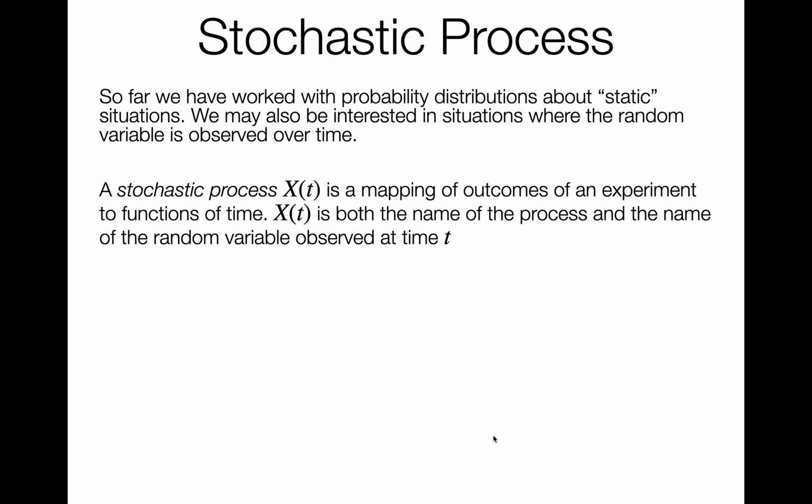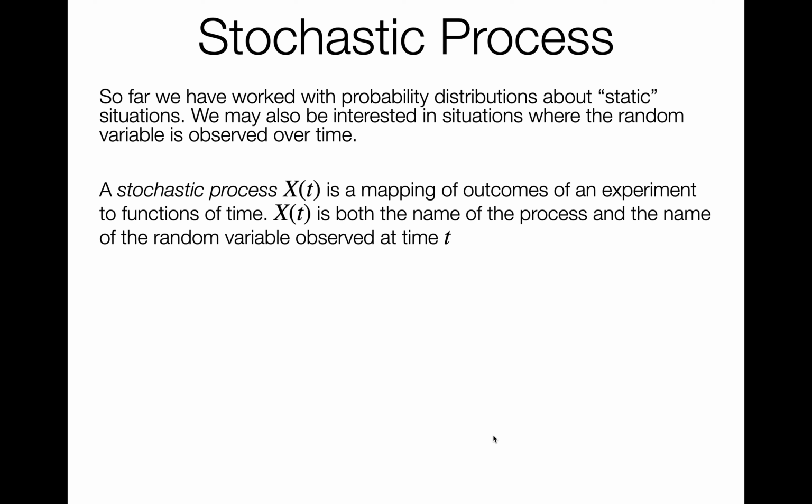But a stochastic process is a function that maps the outcomes of an experiment to functions of time. That definition is probably opaque, but it's okay. We can move past it, and you'll live to fight another day, even if you don't fully understand that.